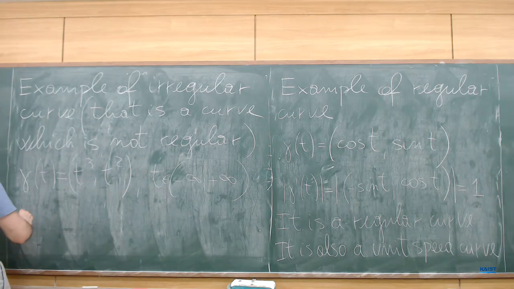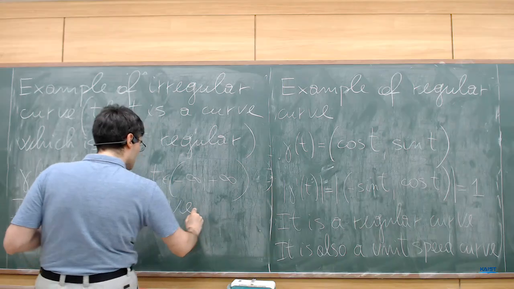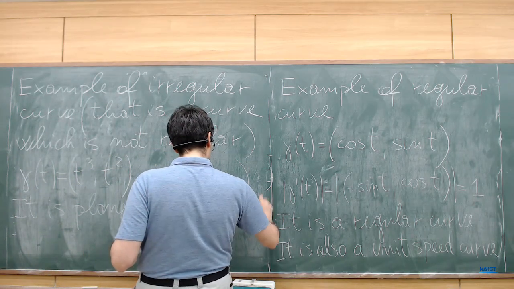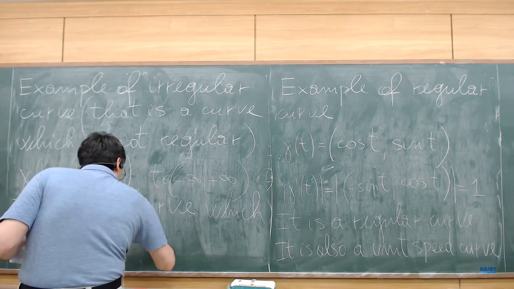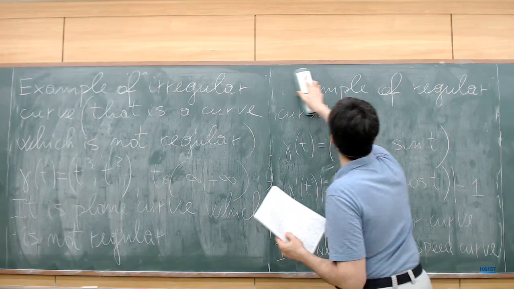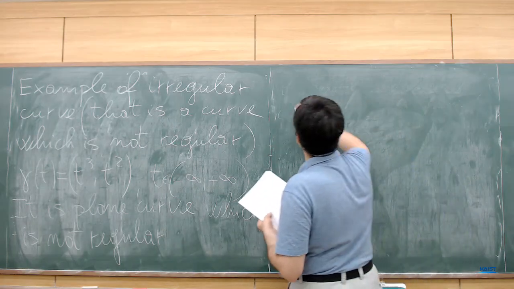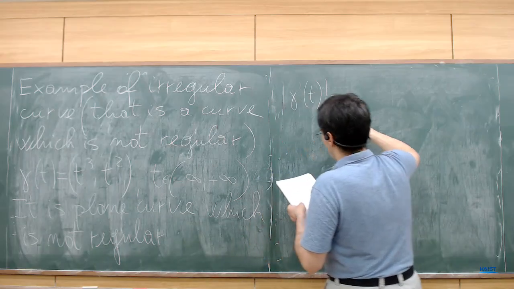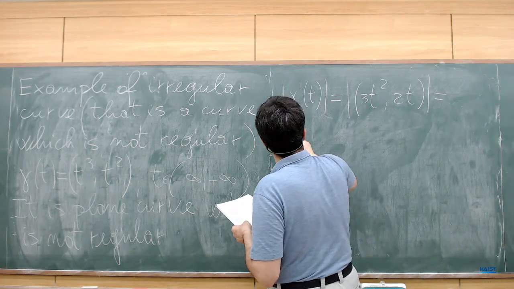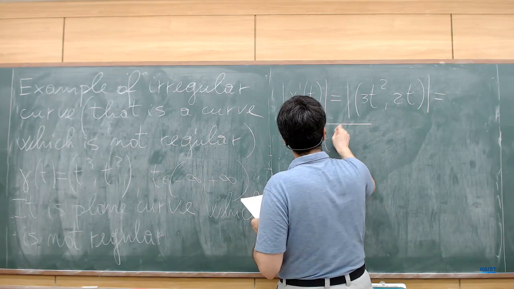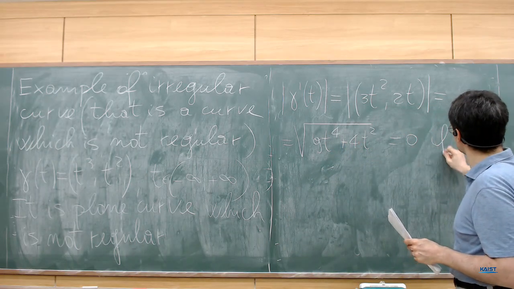This is a plane curve which is not regular. Why? Because the length of gamma prime t is the length of 3t squared, 2t, and this is equal to the square root of 9t^4 plus 4t^2, and this is 0 if t is 0.